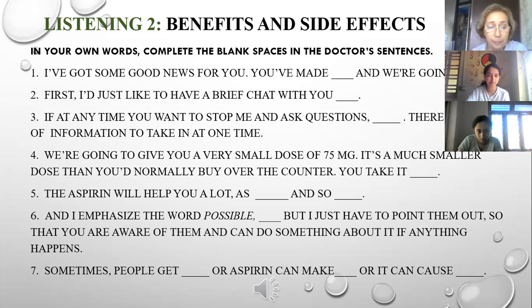And about complications, people get upset stomach. Aspirin can make stool dark and smelly, or it can cause bleeding. Yes. Okay, we have less than 1 minute.